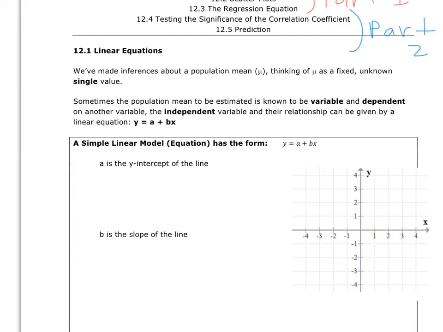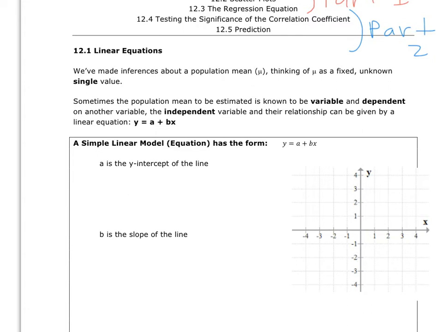Now sometimes we know that that value, that population mean, is not a fixed value, but it varies with respect to some other variable. So as some other variable changes, we expect that what we want to estimate is also going to change.